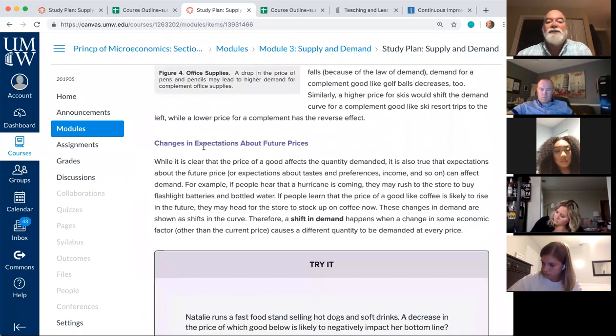And then finally, changes in expectations about future prices can also affect demand, right? Or changes in expectations generally. Suppose that the National Weather Service says we're expecting tornadoes tomorrow, and we think they're going to be bad and they're likely to wipe out the power for a while.